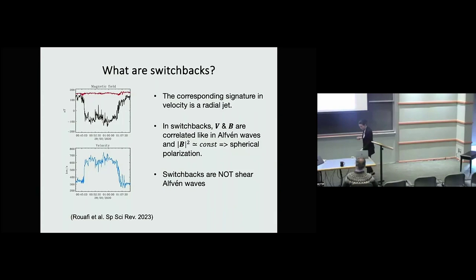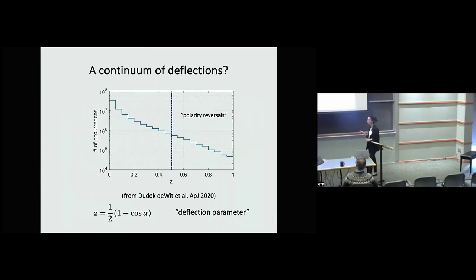A way to see that is to look at the distribution of the deflections of fluctuations quantified by this parameter Z, where alpha here is the angle formed between the total magnetic field and the mean field. If Z is larger than 0.5, then you have a polarity reversal.